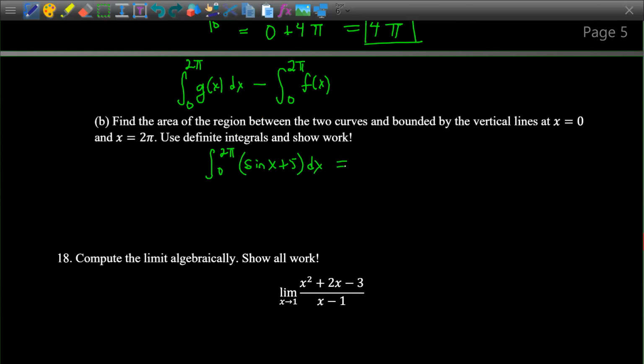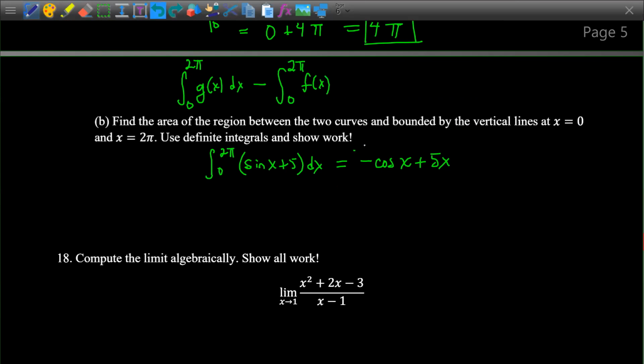And so the antiderivative of sine, what would you have to differentiate to get sine? That would be negative cosine. And then the antiderivative of 5 is 5x. And I'm just using varieties of notation.